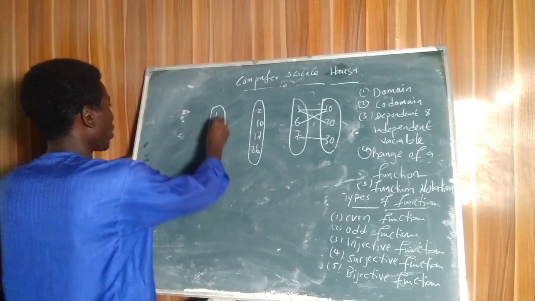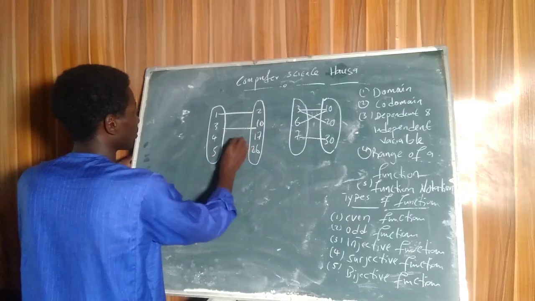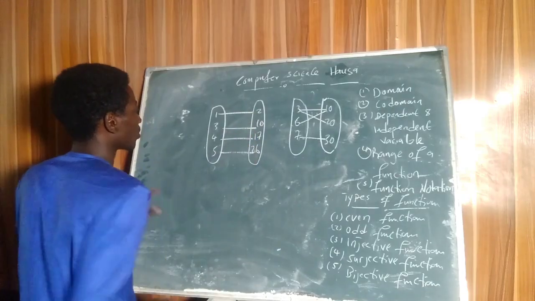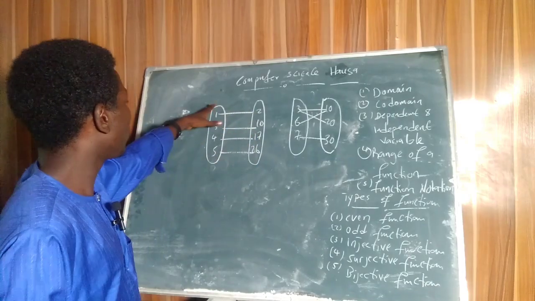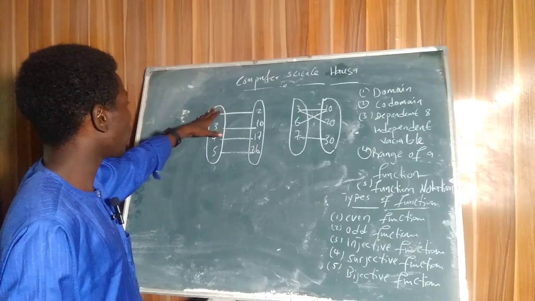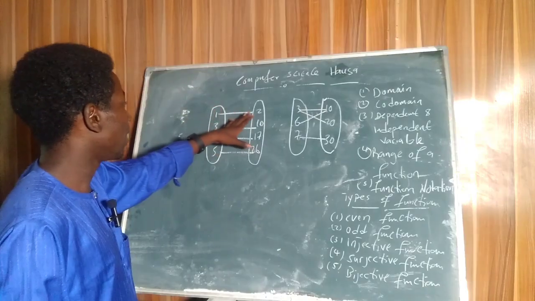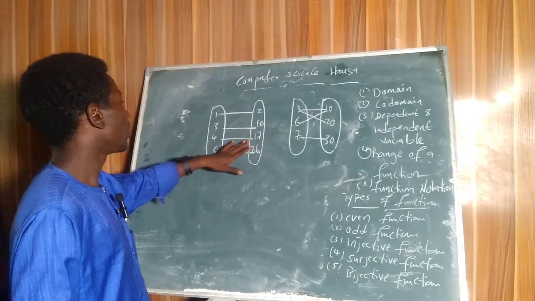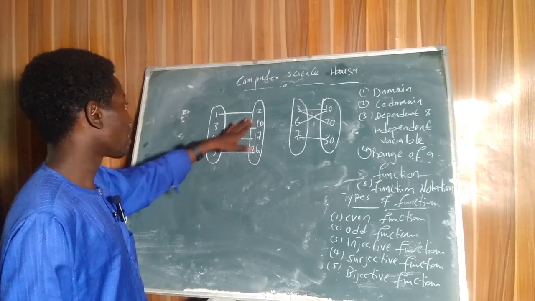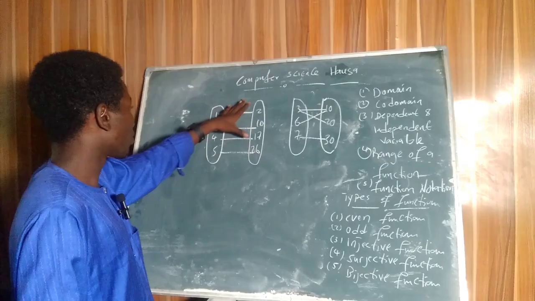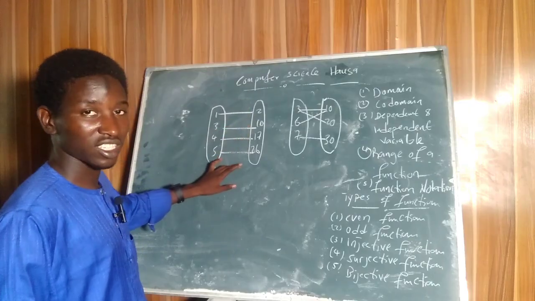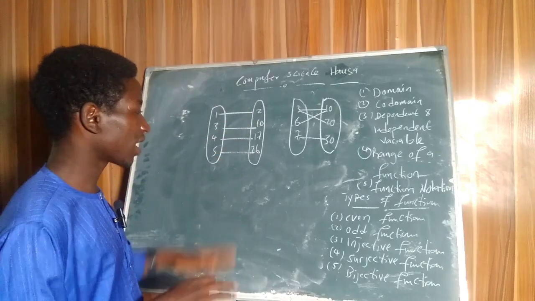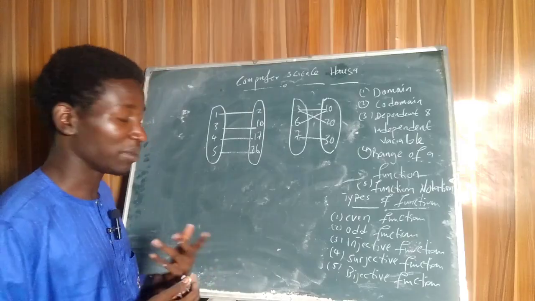So let's come back to this. As you see here, the values of the set elements of x map to different elements in the codomain set. So this is what? It is injective. Sometimes in a book you will see 1 to 1, they mean the same thing.